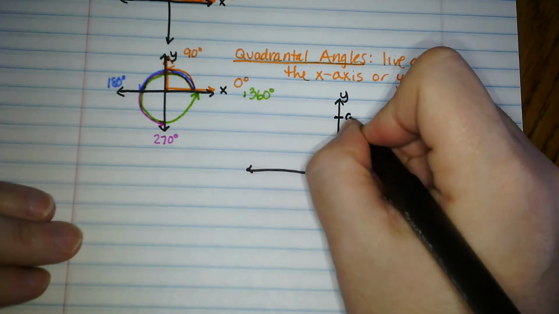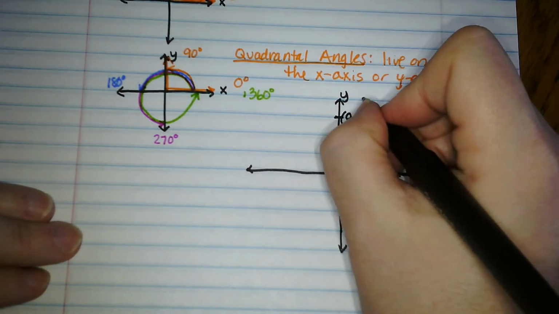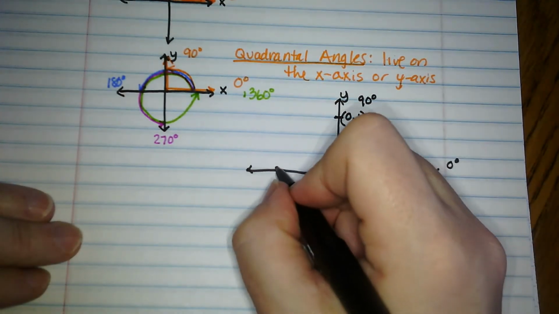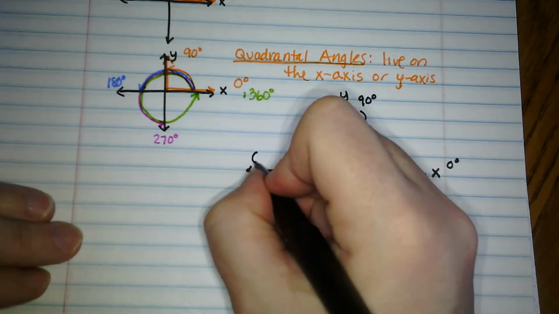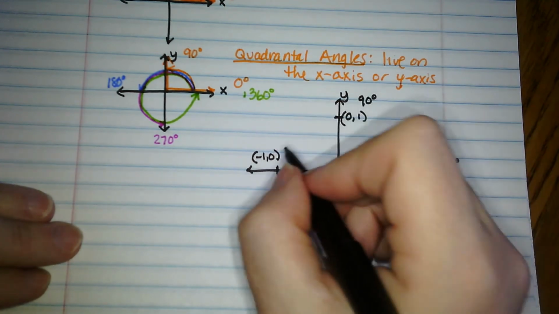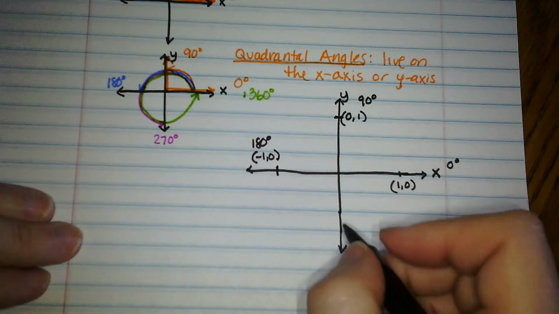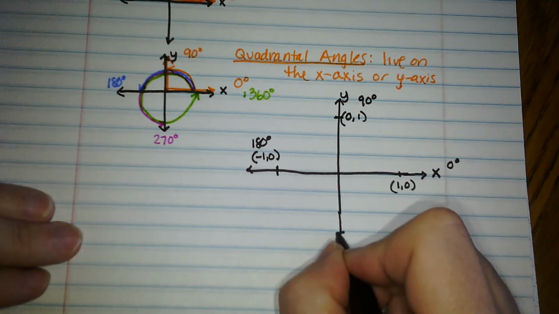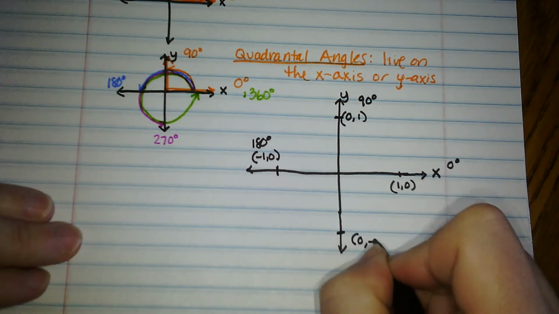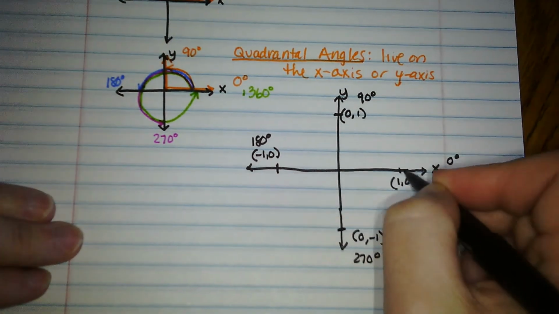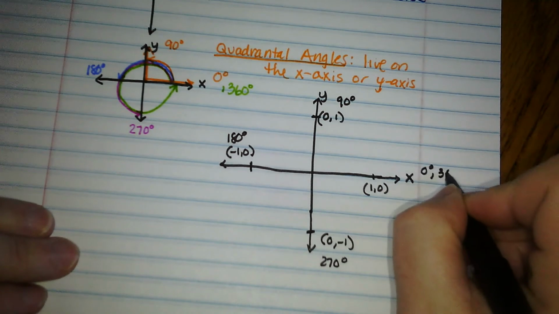Right here is (0, 1), and that is 90 degrees. Then we're going to continue counterclockwise. We're going to hit here, which is at (-1, 0), and that is 180 degrees. And keep going down. We're going to hit this one down here, and down here is (0, -1). That's 270 degrees. And when we click back all the way around, we have hit a full 360.